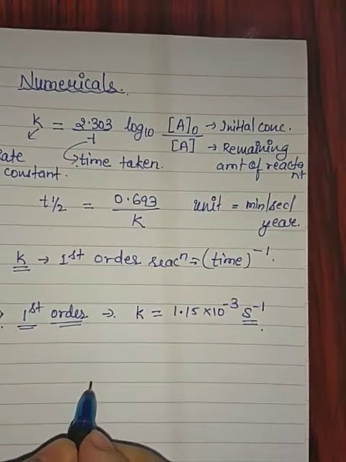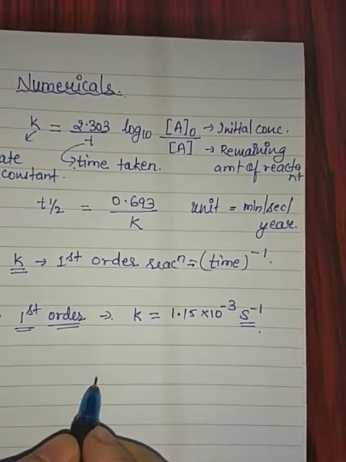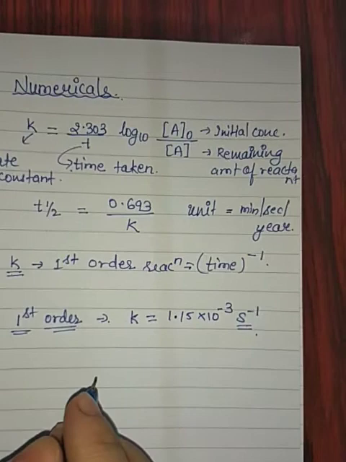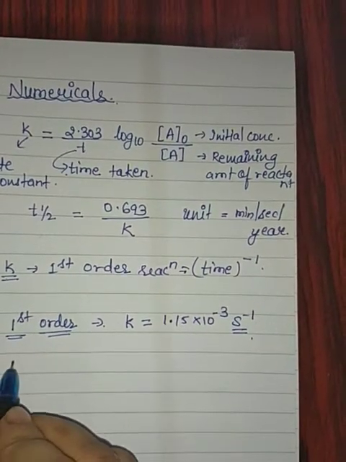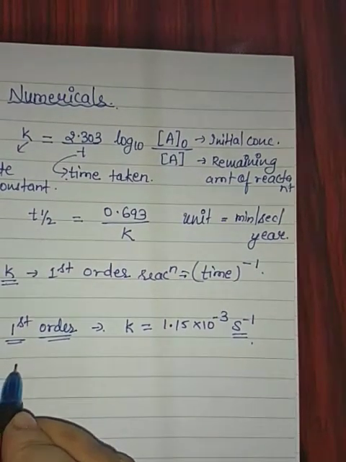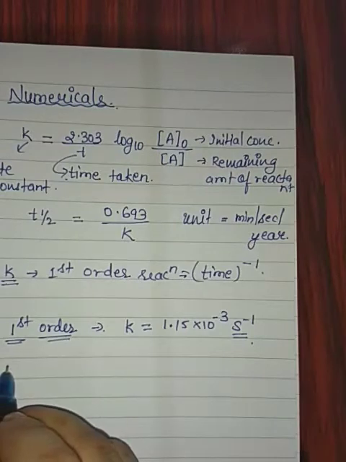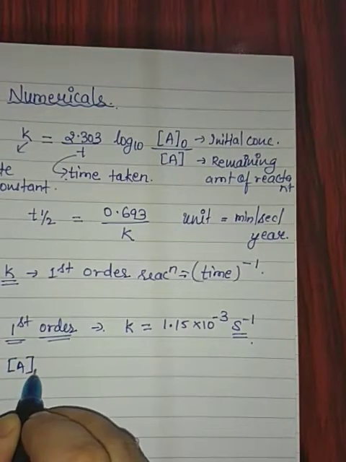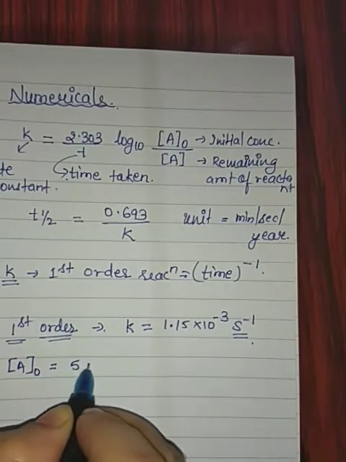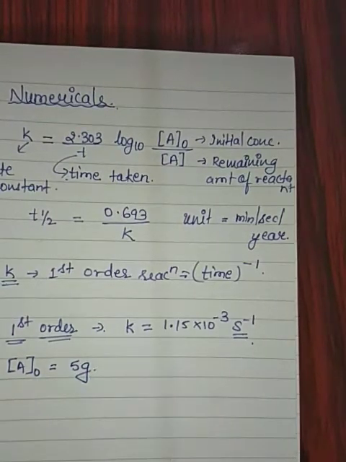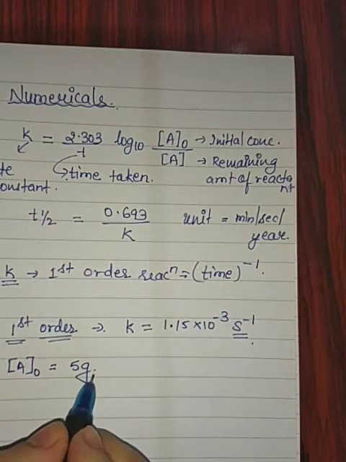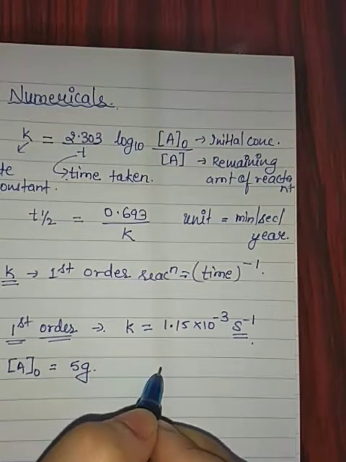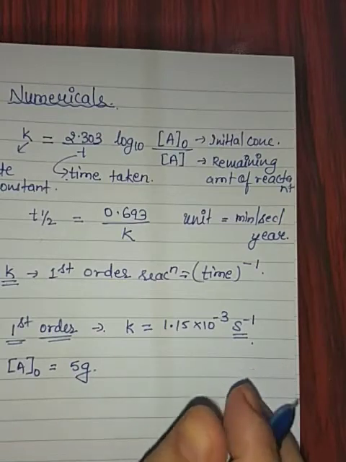Next information given is how long will 5 grams of this reactant reduce to 3 grams. So the initial concentration of the reactant is given to you, that is 5 grams.